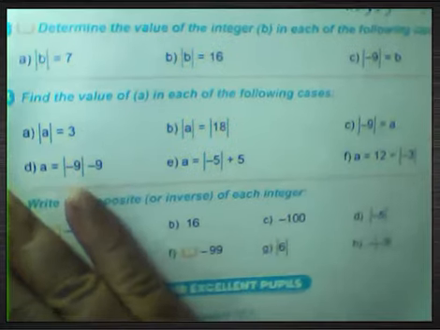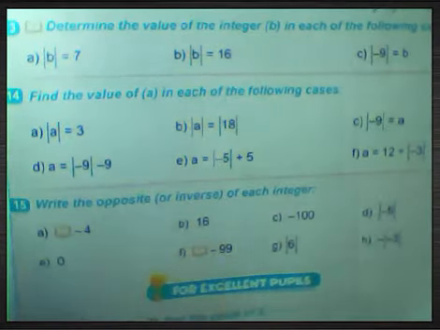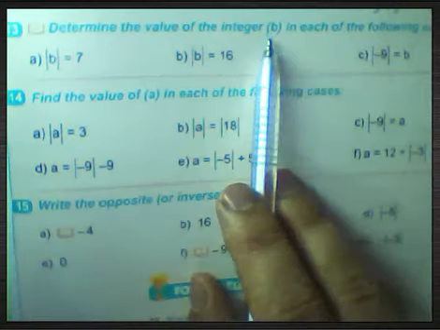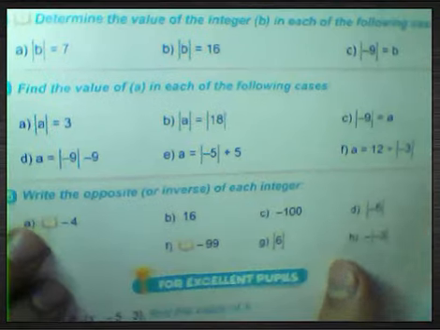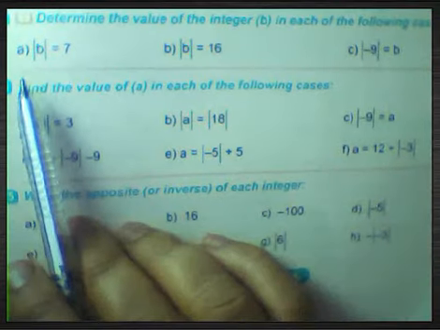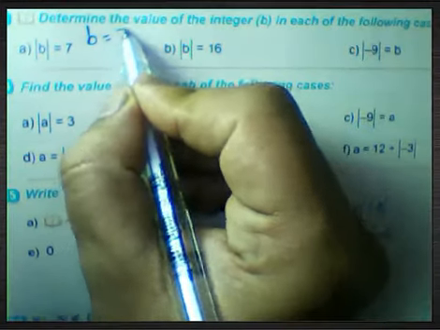Question 13. Determine the value of the integer b in each of the following cases. Letter A. Absolute value of b equals 7, so b will be positive or negative 7.